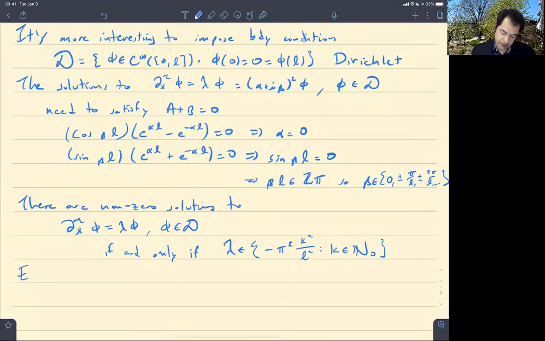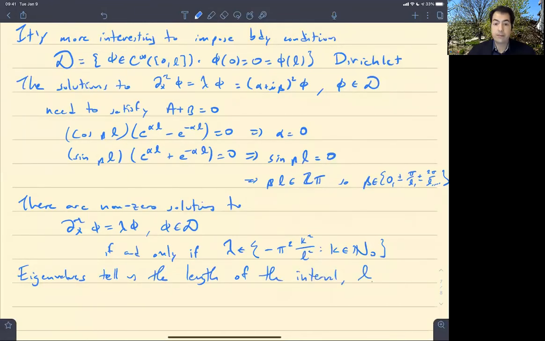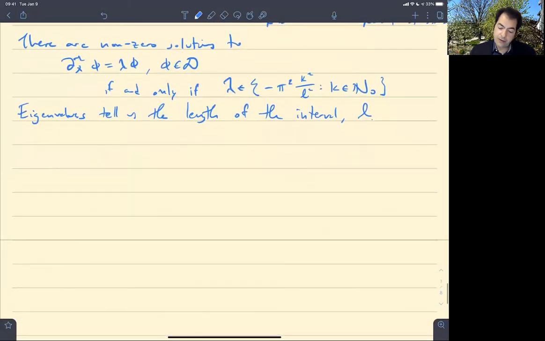So the eigenvalues tell the length of the interval. The fundamental tones of a vibrating string, that would be the physical interpretation of the eigenvalues, tell you the length of the string.